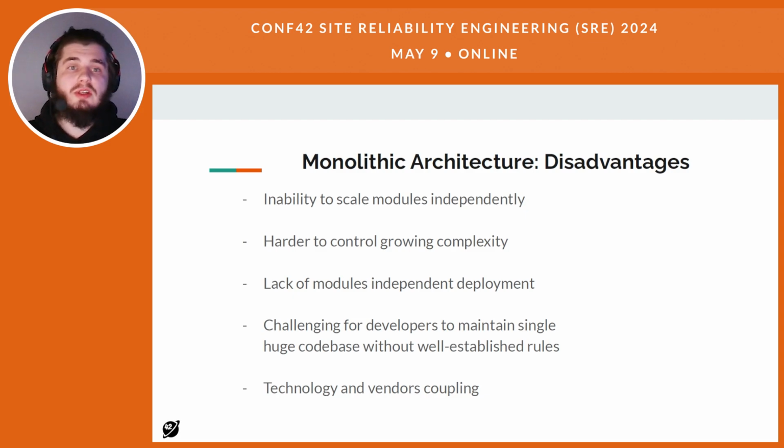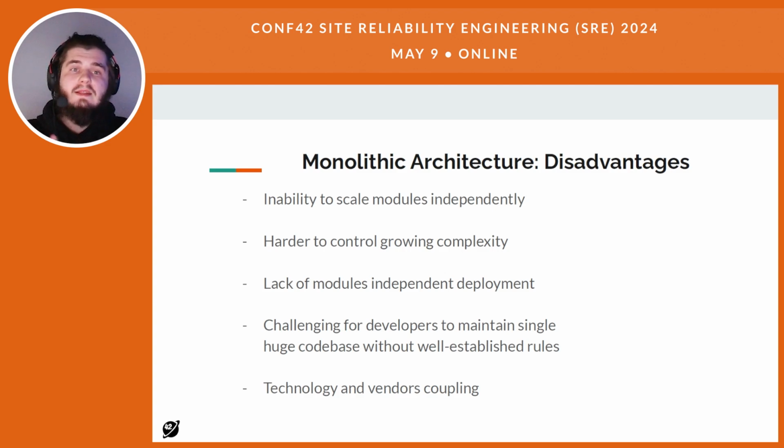First of all, the main disadvantage of monolithic architecture is the inability to scale modules independently. Another problem is that over time, it's much harder to control the growing complexity of this big system. The lack of independent module deployment also brings a lot of complexity because you need to redeploy everything because of the single executable component.